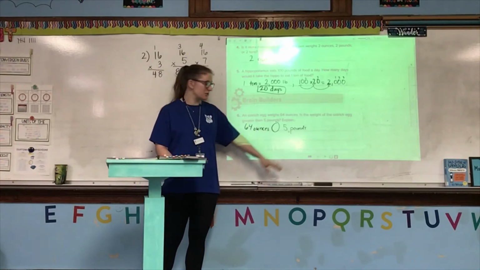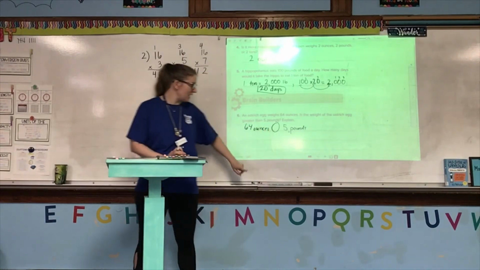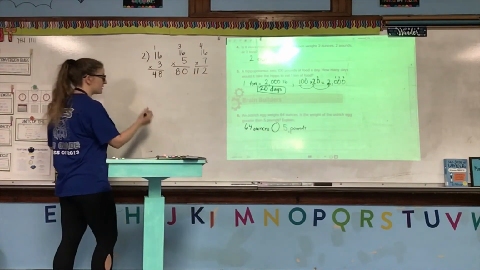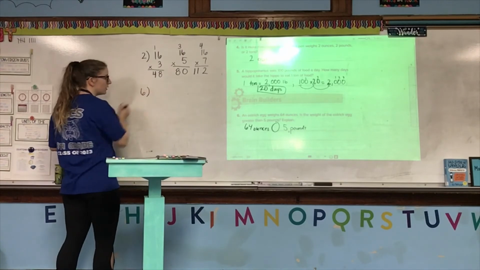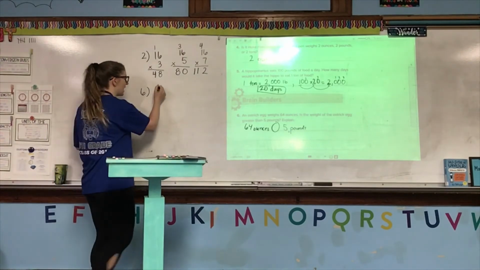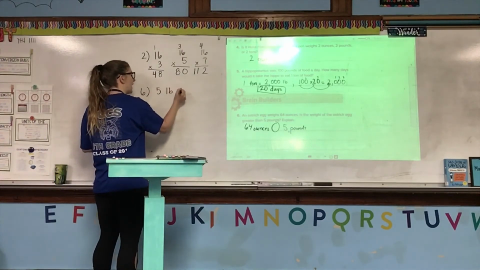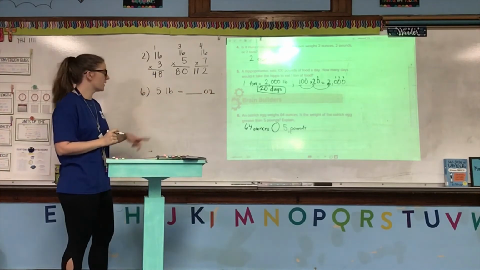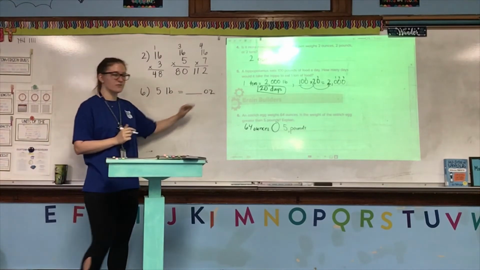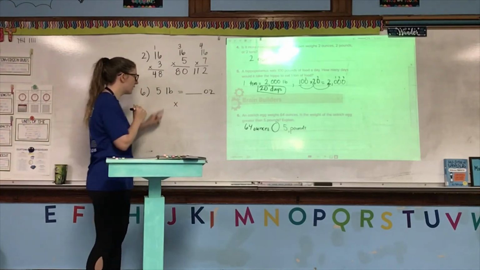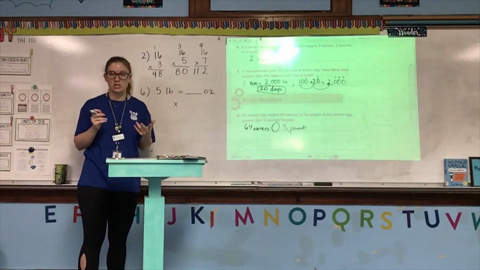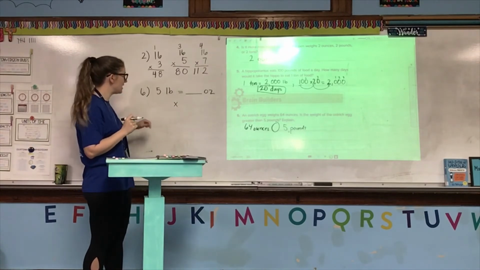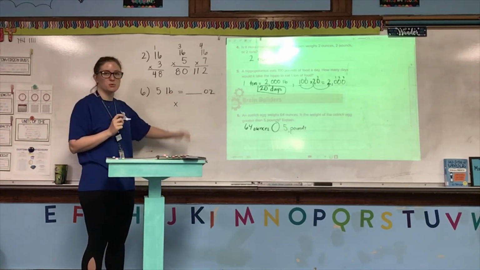Remember, it's easier to take the larger unit and convert it to the smaller unit. So on our separate sheet of paper, what you should have done is said 5 pounds equals how many ounces? Well, we know pounds are bigger than ounces, so we're going from big to small. Pounds and ounces are right next to each other on that chart with the weights. So that means we only have to do one step.